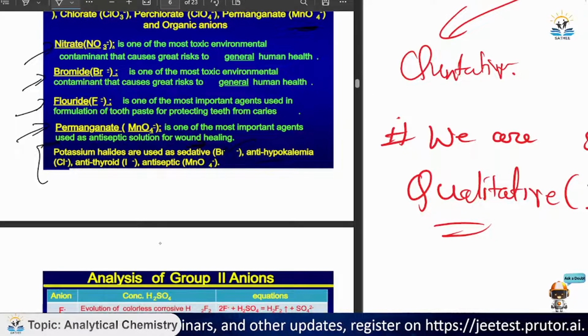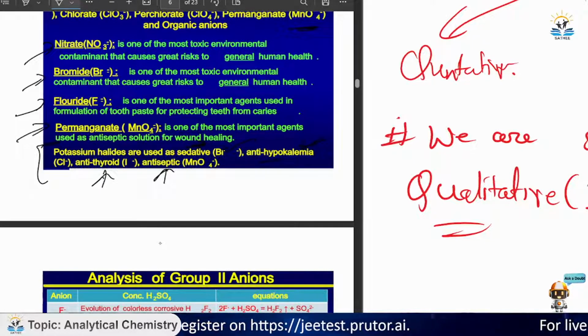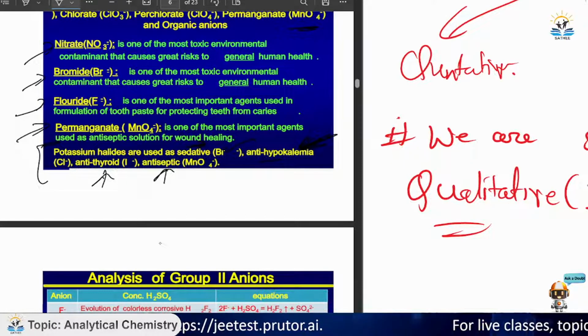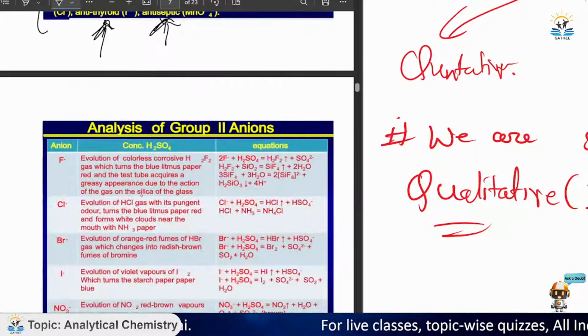Hypokalemia is a type of disease. The antithyroid, antiseptic medicines formed for these related diseases use this type of anion. So it can be asked like that.